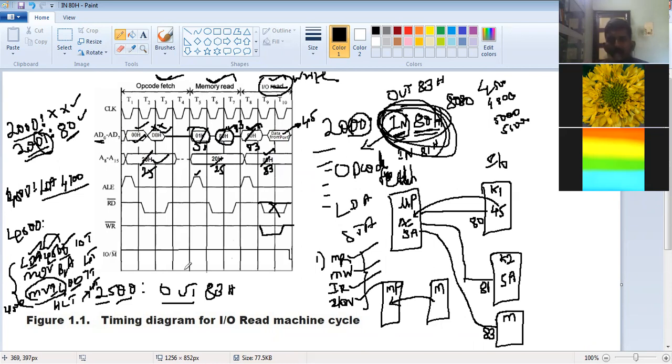Did you understand in total how many T states it takes? It took 25 T states. Did you understand, or any confusion in any line? Why is it 4 T states? Why is it 7 T states? Any confusion? Add everything: 10, 4, 14, then 7, 21, then finally 4 T states, 25. For completing this program, 25 T states it took.